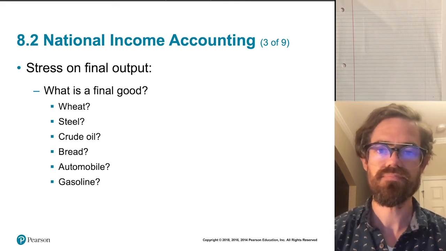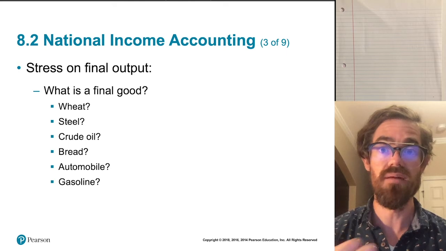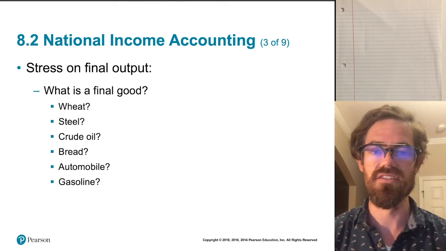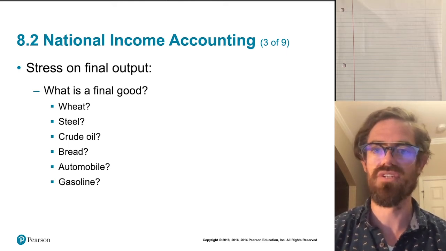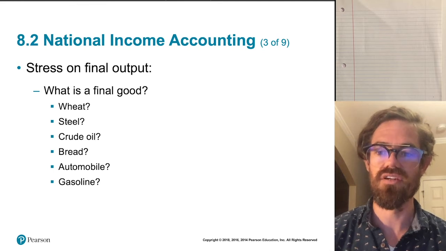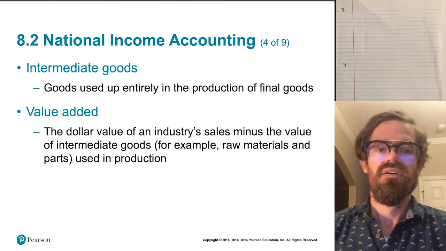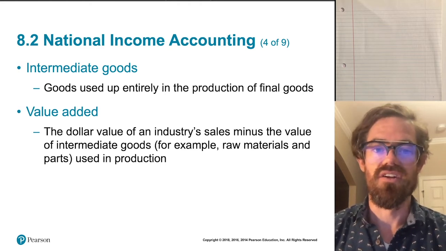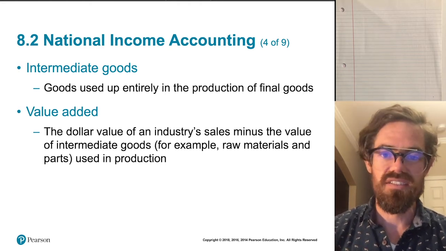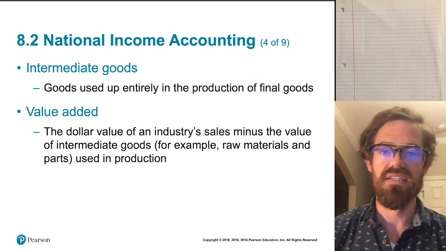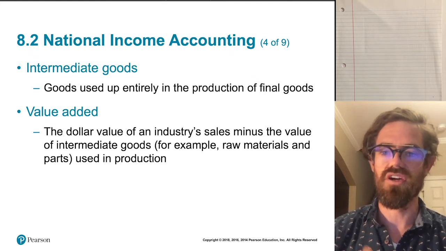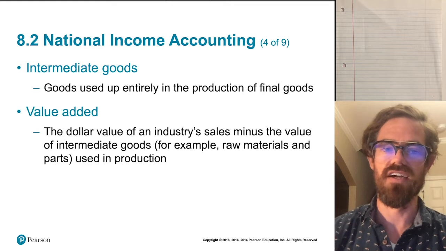Things that companies buy are intermediate goods. They're not final. They need to be further transformed so that they can be turned into something that consumers want to buy. Right. And so, like I said, intermediate goods are goods that are purchased by businesses that are used up entirely in the course of production, and they are transformed into final goods.